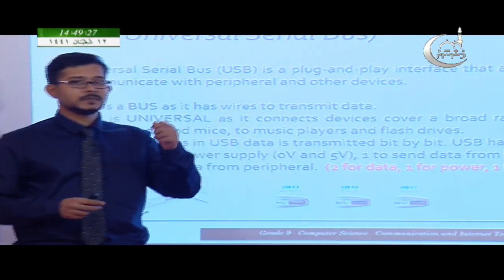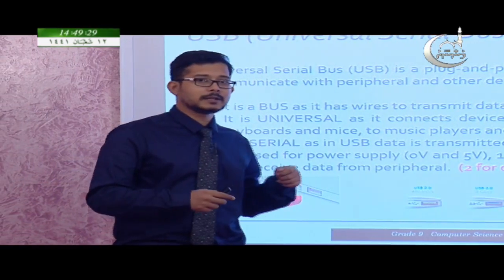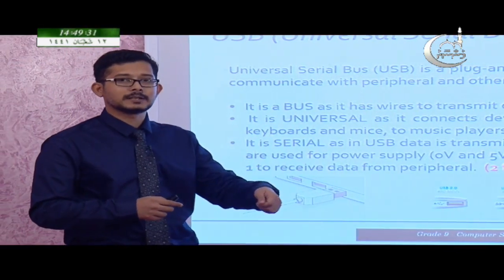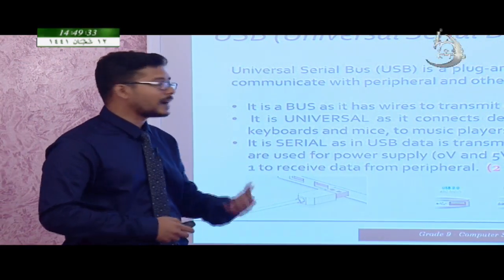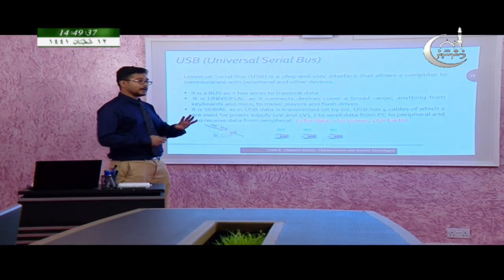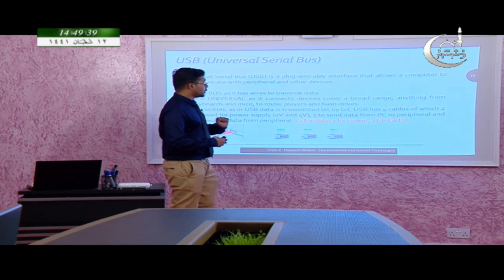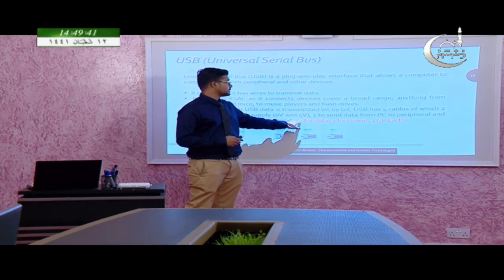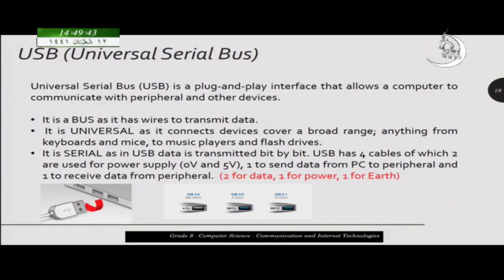If you have a USB version 1 pen drive and you put it in a USB version 3 port, it will still work. USB consists of 4 wires: 2 for data transmission, 1 for power, and 1 for earth.